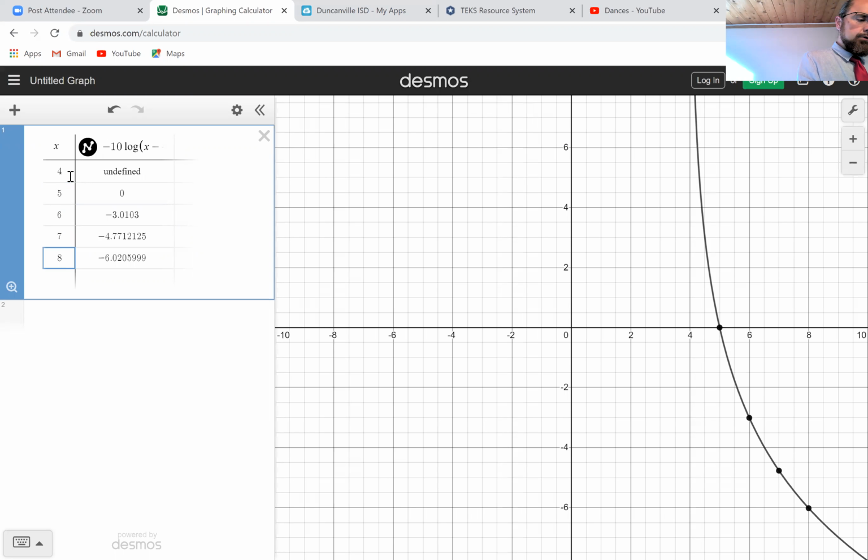Of course at 4, that's the vertical asymptote, so it's undefined. At 5, it's 0. 6 is negative 3.01. 7 is negative 4.77. And 8 is negative 6.02. So we'll jump back to our notes to finalize this table and sketch the graph of the original.